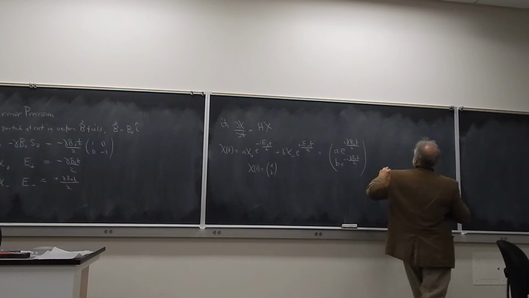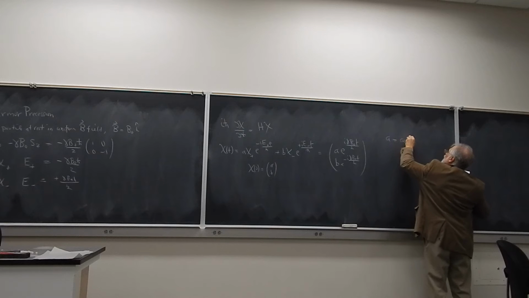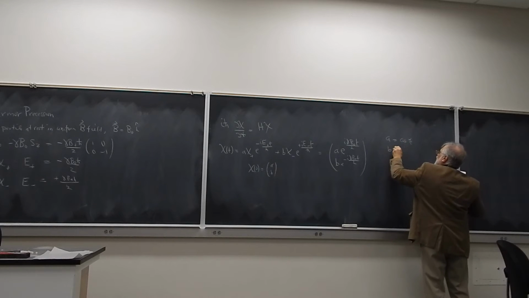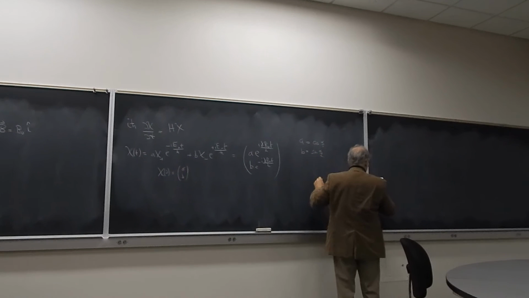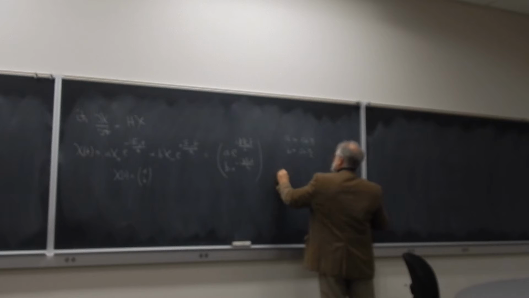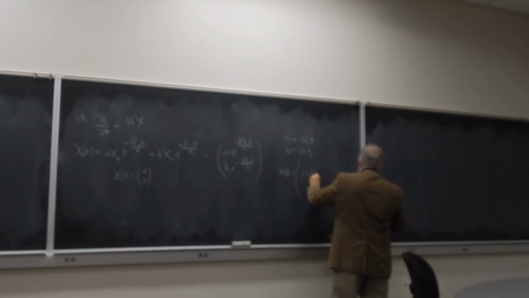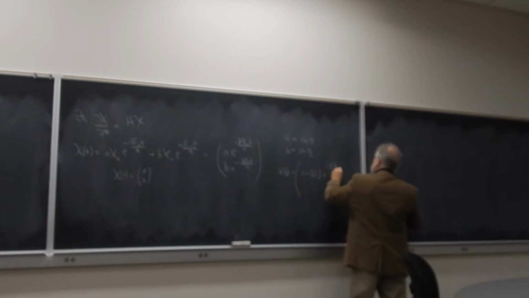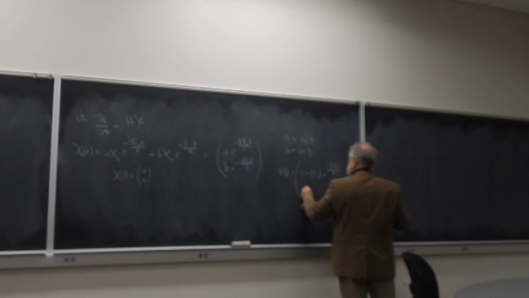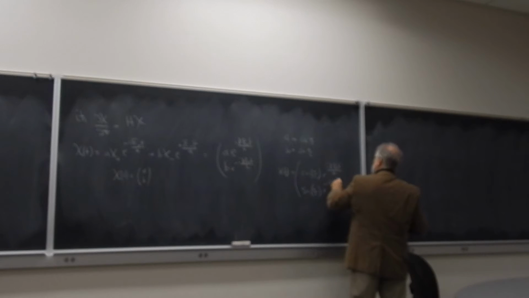I'm going to write A as cosine alpha over 2, B as sine alpha over 2, such that chi of t would be written as cosine alpha over 2 e to the i gamma B naught t over 2, sine alpha over 2 e to the minus i gamma B naught t over 2.